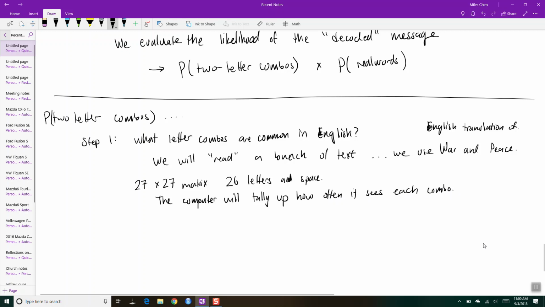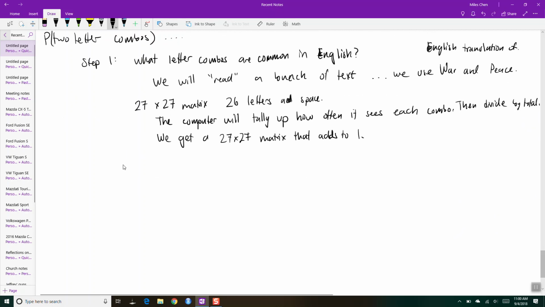We add all of those up, and divide by the total so that the whole thing adds up to 1. Okay? And then we get a 27 by 27 matrix that adds to 1. Is that all right? So now we have an evaluation of which letter combos are most common.